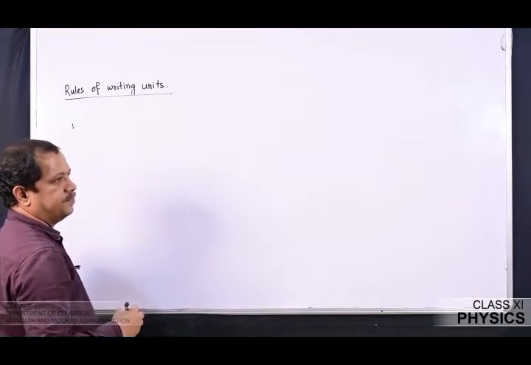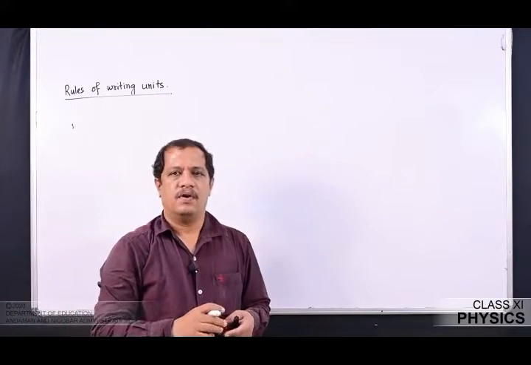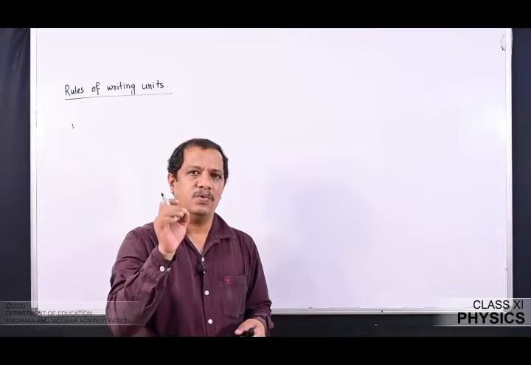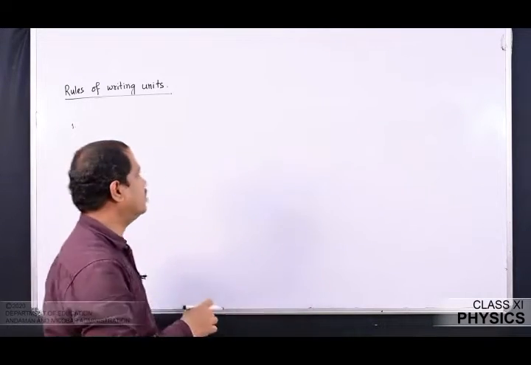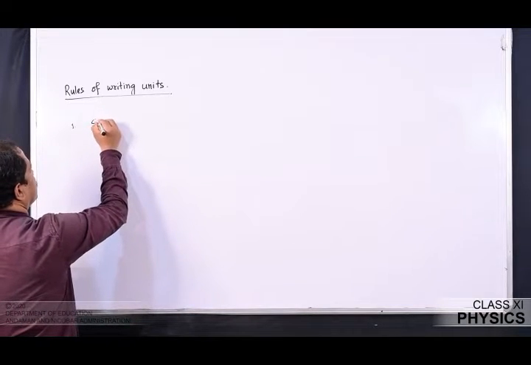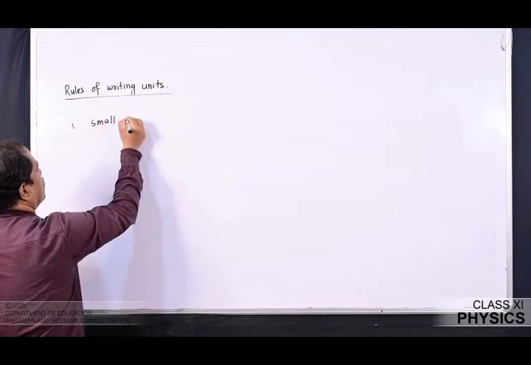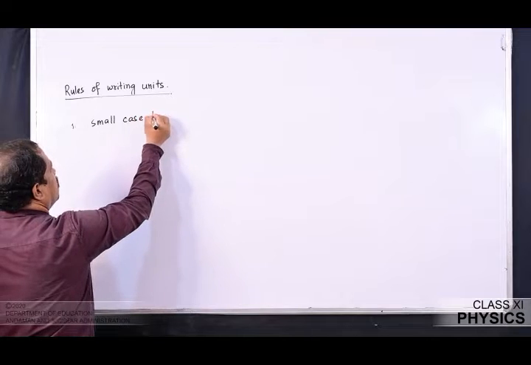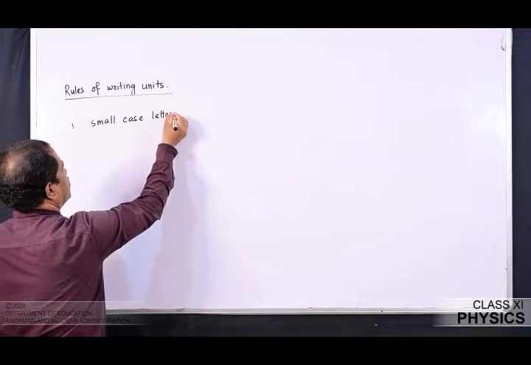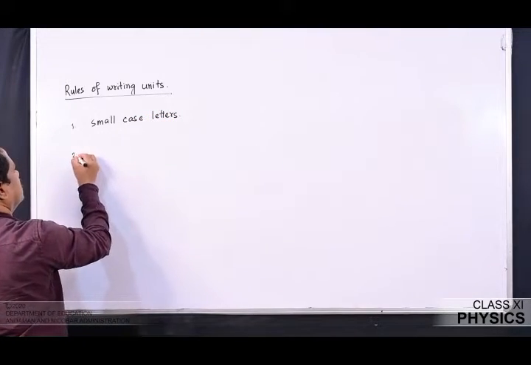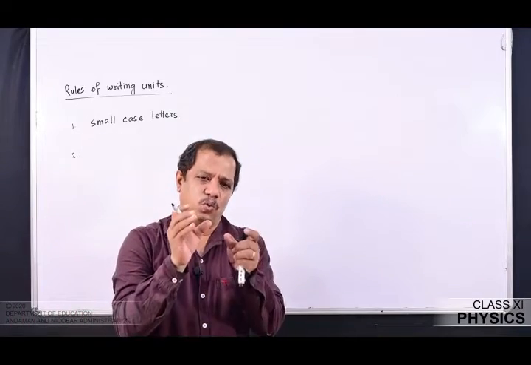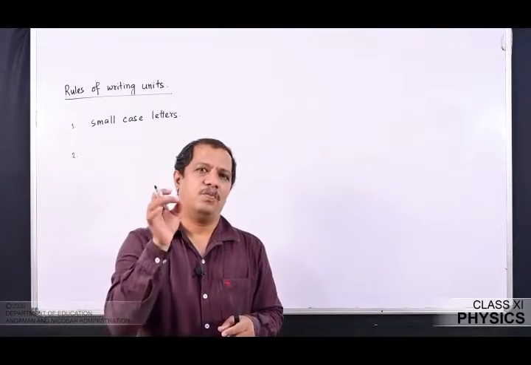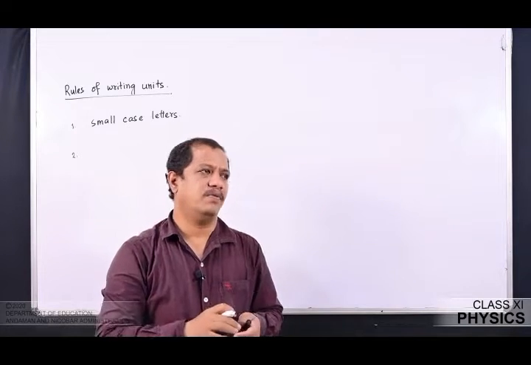The very first rule: for writing the units of physical quantities, we will use small case letters. The second rule says that when I write two units, we will not put any dot in between.